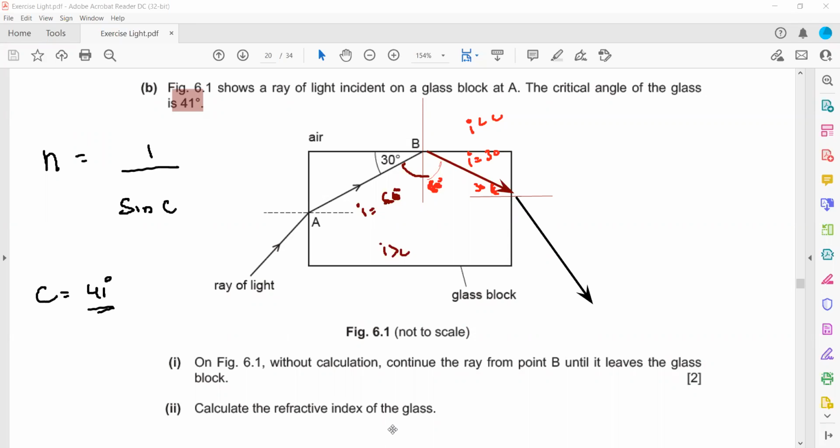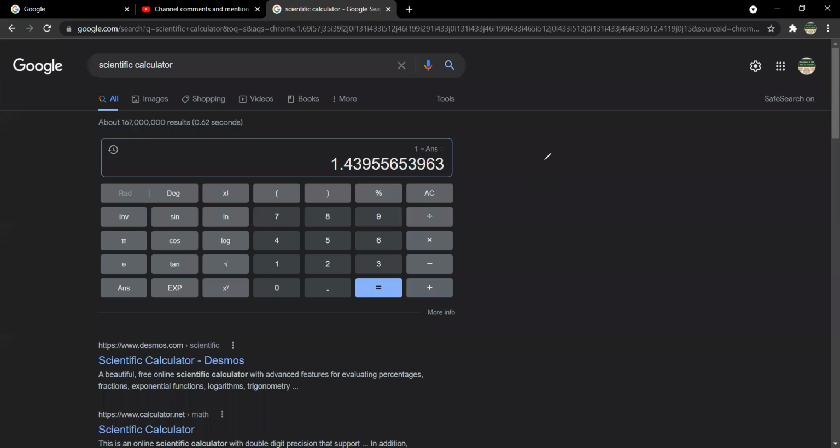So the critical angle is 41 in the question, so it will be 1 divided by sine 41.